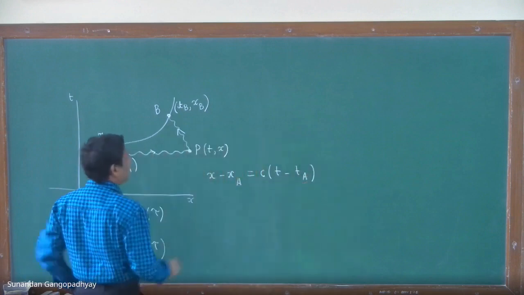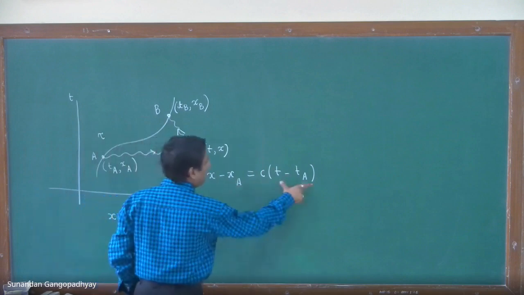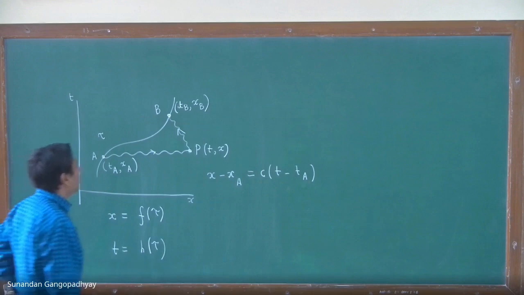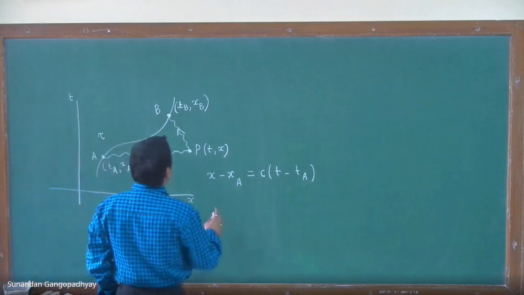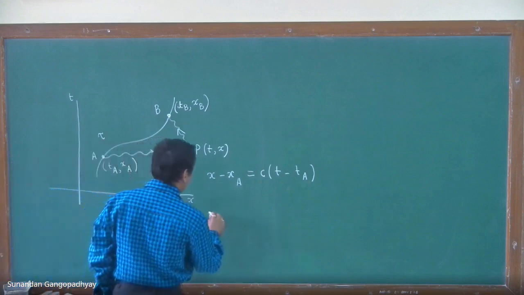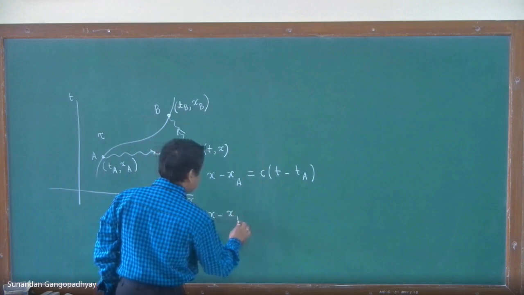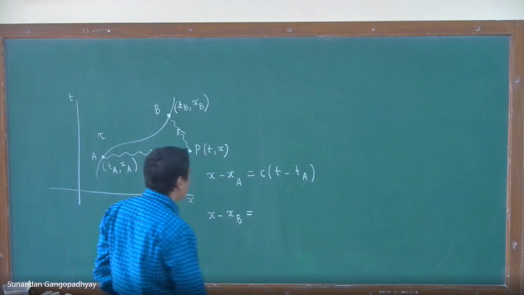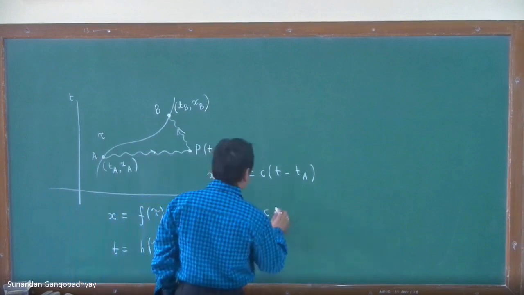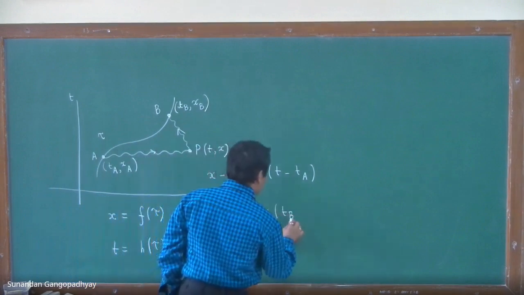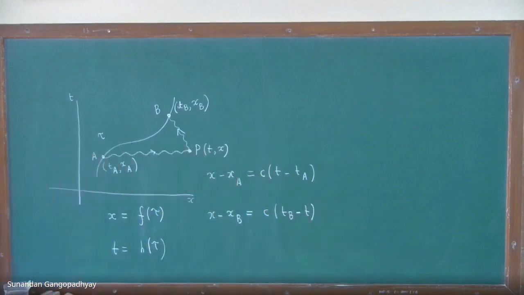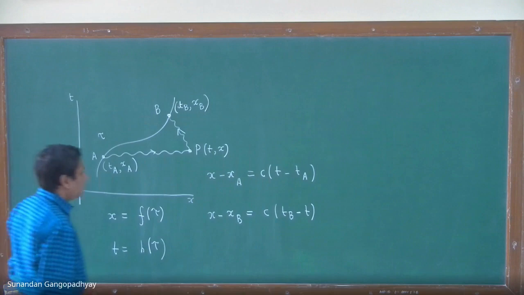The second equation: this is the distance, which is equal to the speed of light multiplied by the time interval that has elapsed. Then you can write the following: x minus xb, once again this is the distance, is equal to c times tb minus t. So since these are connected by light signals, you can write these equations.